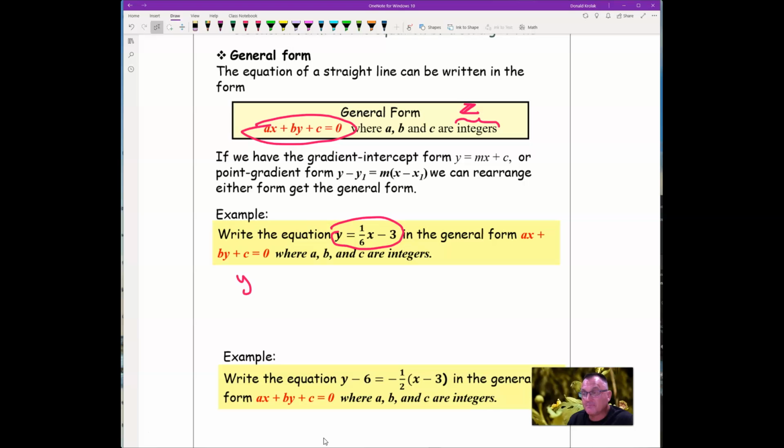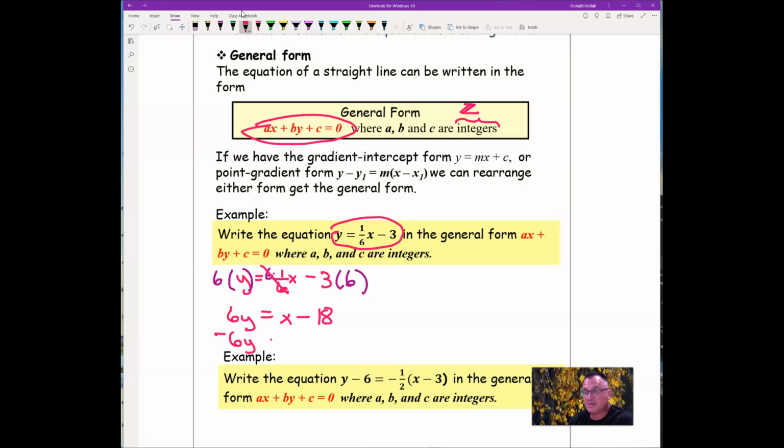Okay, so I'm going to get rid of the fraction by multiplying every term by 6. All right, so everything gets multiplied by 6, 6, 6. Okay, so now I've got 6y equals x minus 18.